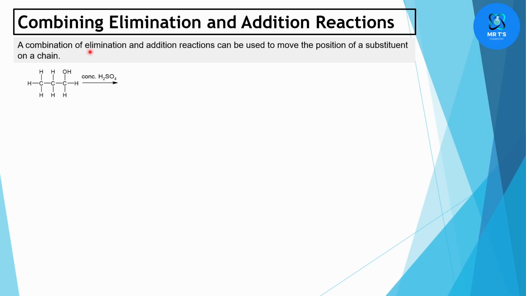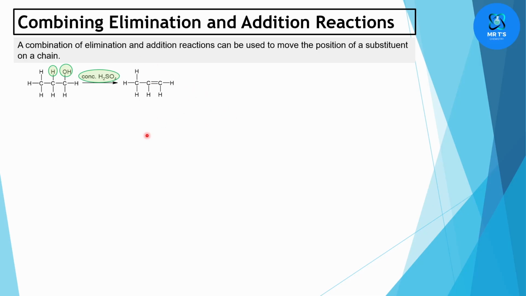When we add that reagent, it removes the OH and a hydrogen from an adjacent carbon. Well, a hydrogen isn't really identified as a substituent, but it's going to remove the hydrogen and the OH group, and it's going to produce this alkene here, prop-1-ene.